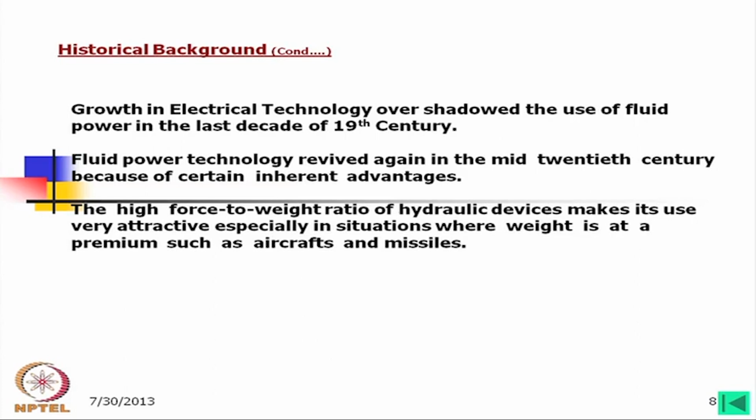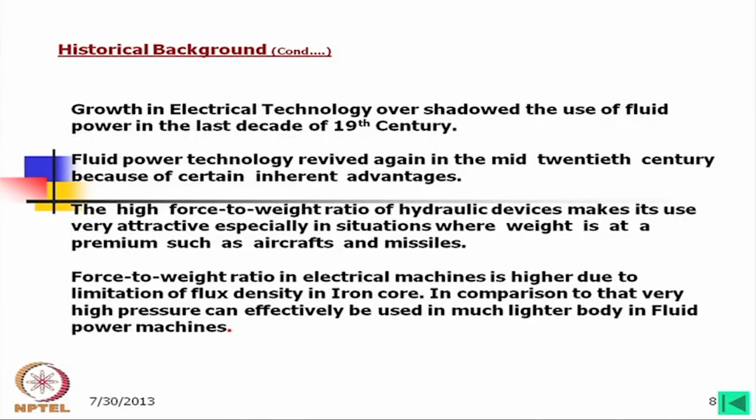Now, sometimes it is called force to weight ratio, sometimes inertia to torque ratio. You see, if we consider inertia to torque ratio and force to weight ratio, this is just a reverse. In case of fluid power devices, force to weight ratio is high in comparison to the mechanical and electrical devices.